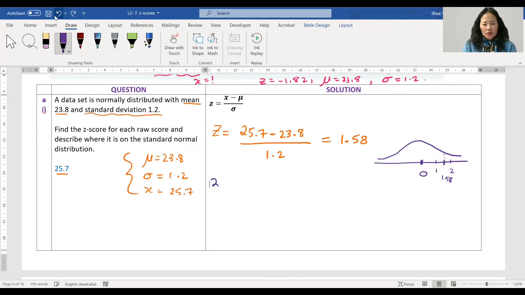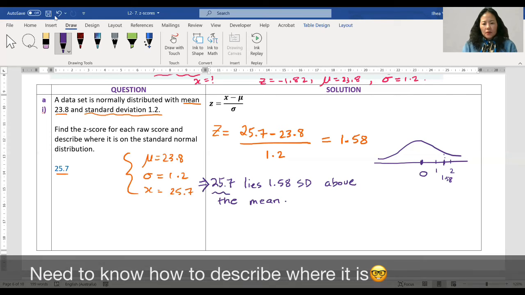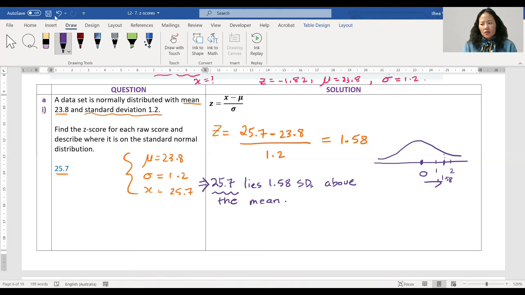It means 25.7 lies 1.58 standard deviations above the mean. At 25.7, the raw score lies 1.58 standard deviations above the mean. Okay, so to the right of the mean. So I want you to remember this sentence.